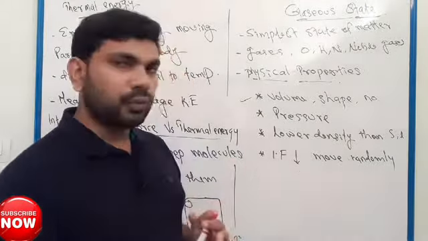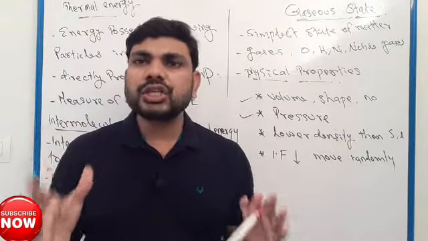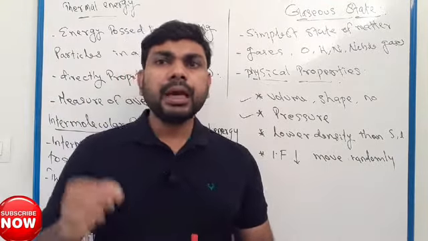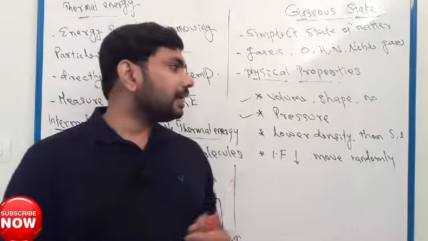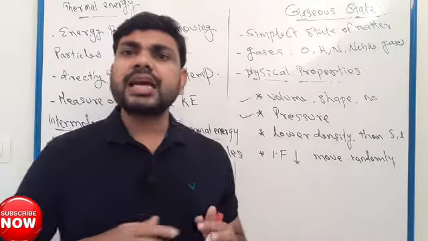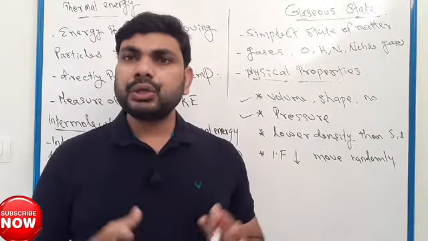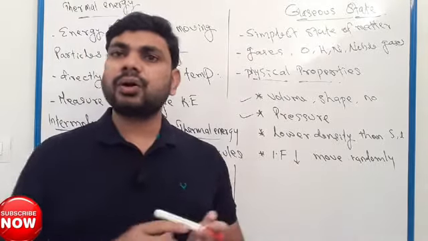Also, as I told you before, in the gaseous state the intermolecular force of attraction is very low, and gas particles move freely and randomly. During their motion, gas particles hit the wall of the container.